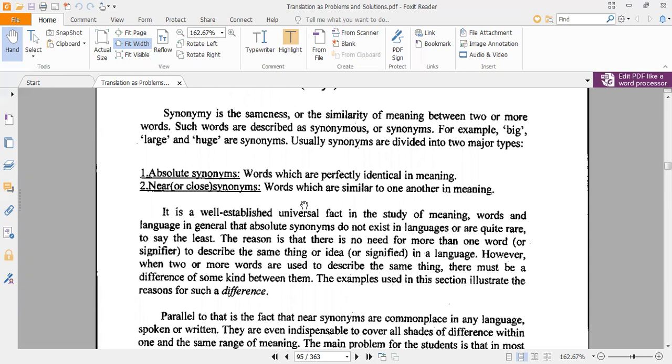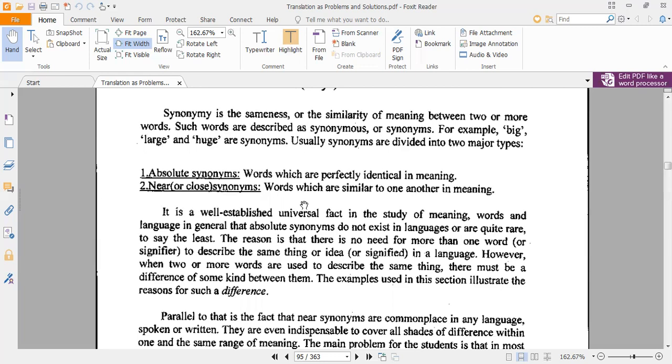Now, types of synonyms. In general, we have two main types of synonyms. The first type is absolute synonyms, which means two words are identical. They have the same meaning 100%, as if they are two coins that are 100% identical.